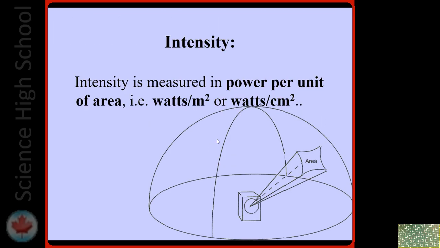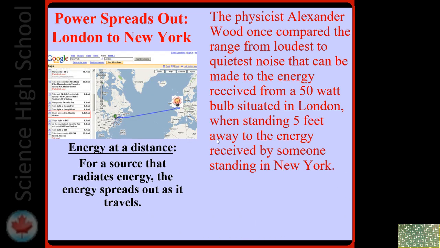So energy at a distance: for a source that radiates energy, the energy spreads out as it travels. And I'm proposing that we talk about it spreading out spherically. And actually, that's kind of what light does too. Think about light radiating out from the sun. Don't we think about the light radiating out spherically from this point source that we consider as the sun? It goes out like light bubbles that ripple outwards away from the sun, right?